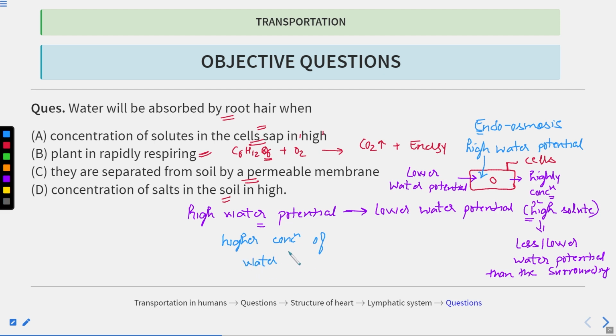There will be a higher number of water molecules when the solute is less. So they are inversely proportional, you can say. Here means a lower number of water molecules.